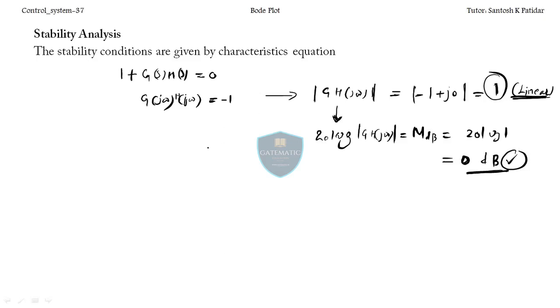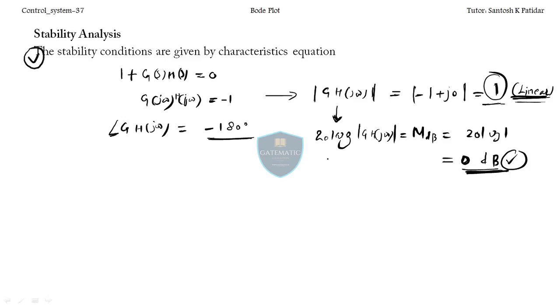So based on this concept, this is about the magnitude, but what about the phase? If you find out the phase of this system, you'll get minus 180 degrees, or an odd multiple of this. The magnitude will be 1 in linear scale or 0 in dB for the closed loop stable system I'm talking about.